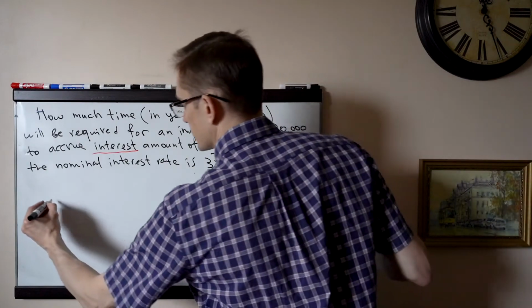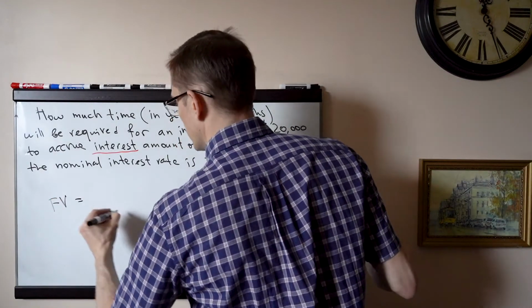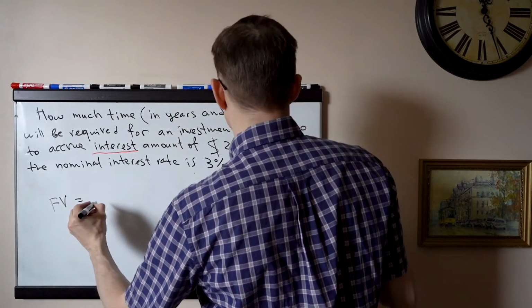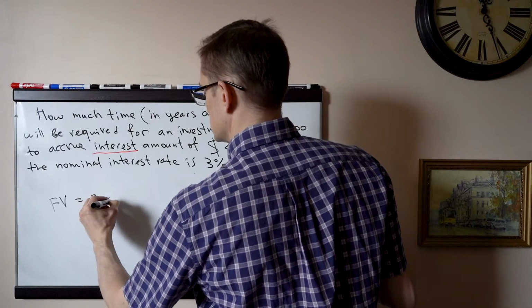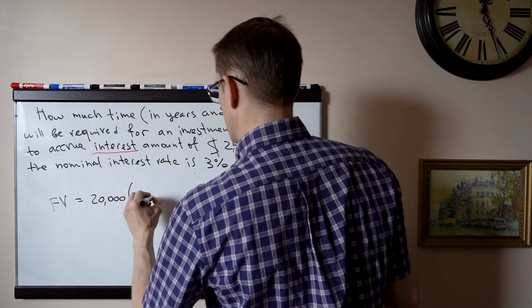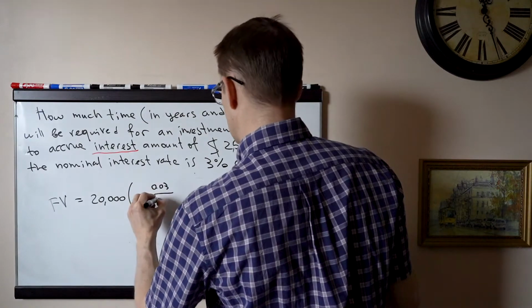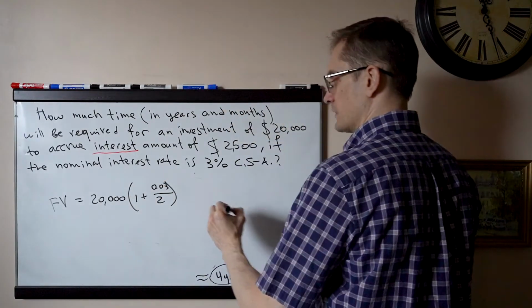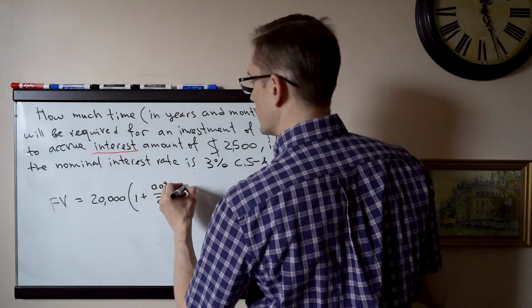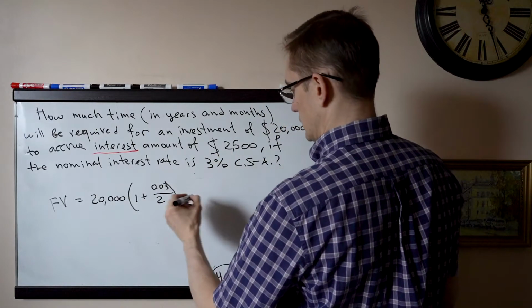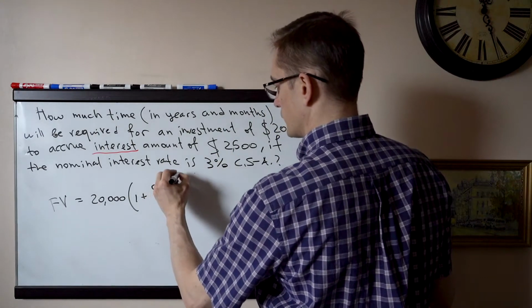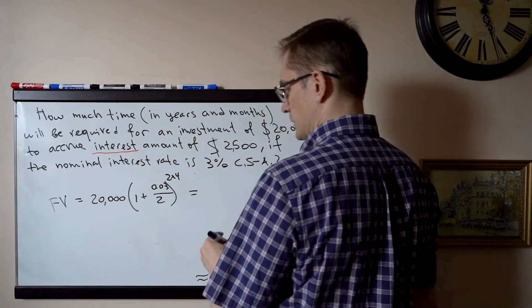So let's find the future value, and that will be 20,000 invested at 3% compounded semi-annually for 4 years, right? So 12 times 4 according to our solution.